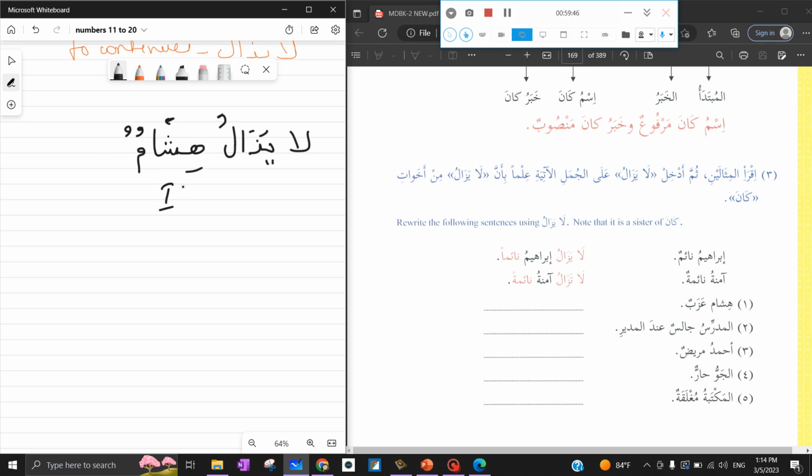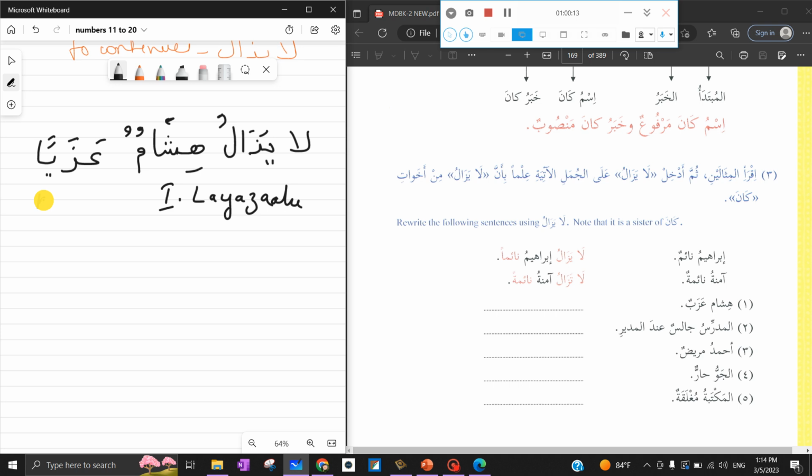Sorry, not ism kana. This is ism la yazalu. I'll write it in English. And then azabun will be what? Azaban, because it will be mansub as you did in kana.